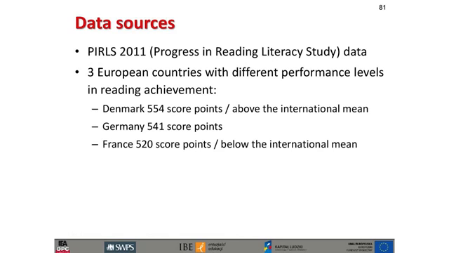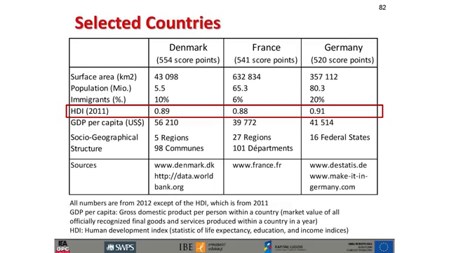However, the differences are significant, and our aim was to take 3 countries that are more or less similar in terms of sociocultural background and conditions, and then to pick such countries where we can find as big achievement differences as possible. And this is some data on the countries, and as you see, the HDI, which is the Human Development Index, is kind of similar in these countries.